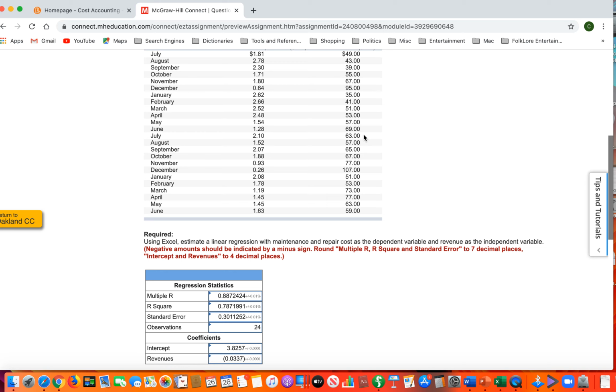Oh, I put in the wrong number here. Let me do it again. 3.8257 plus, open parenthesis, a negative 0.0337 times 63, close parenthesis, and get $1.70, which is 2.10. So that's off a little bit, but you get the point.